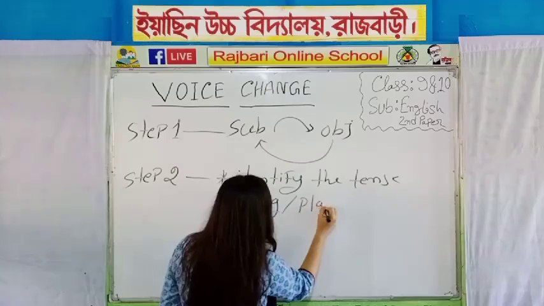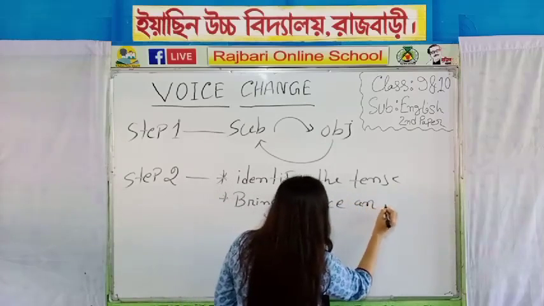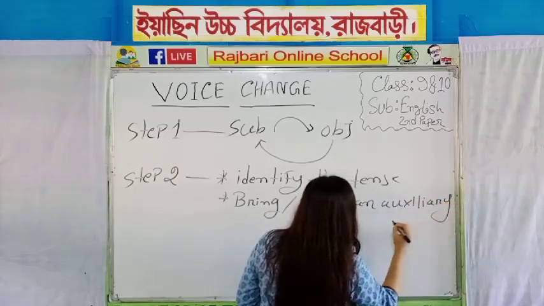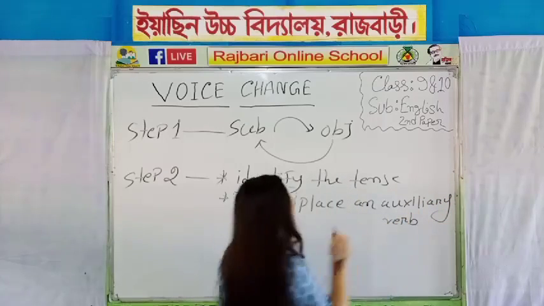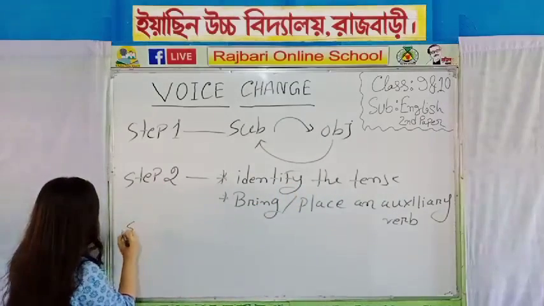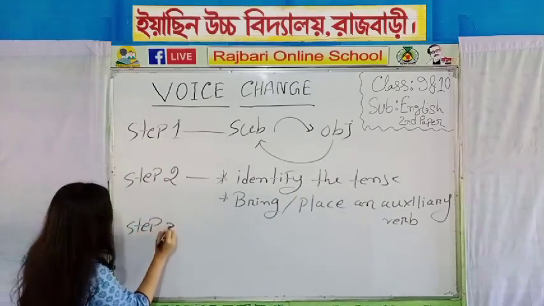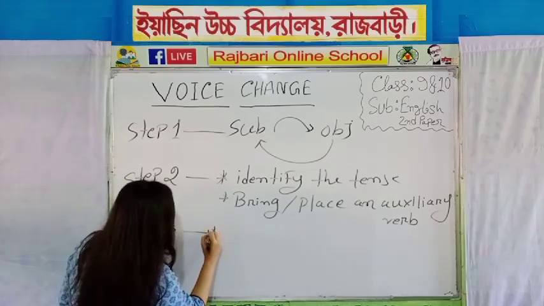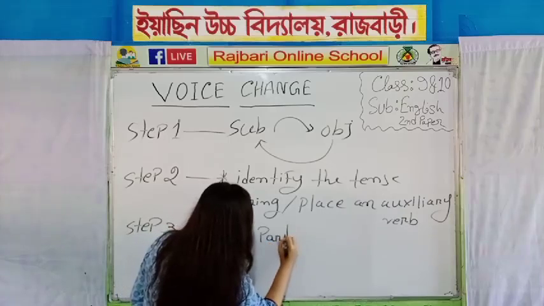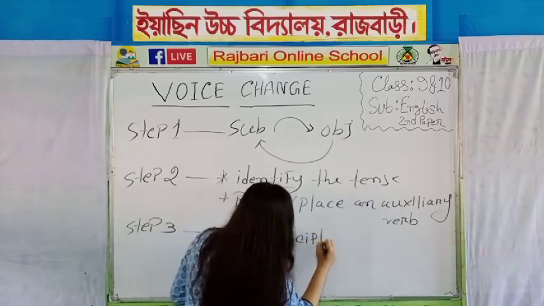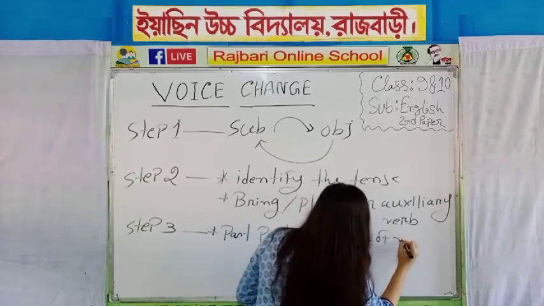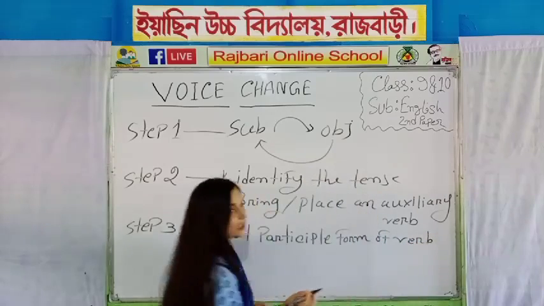Now the third step was you have to make the past participle form of the verb, that is, we can say V3.